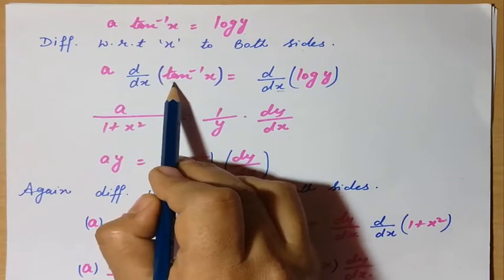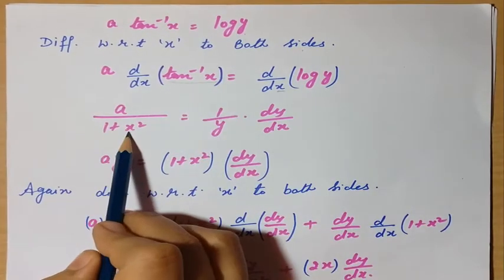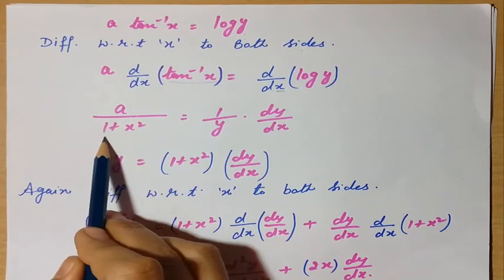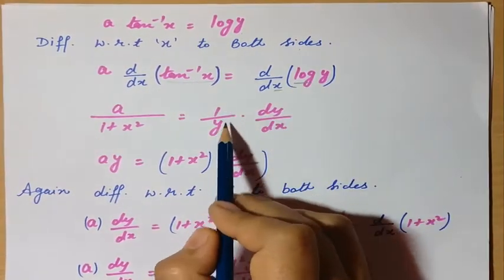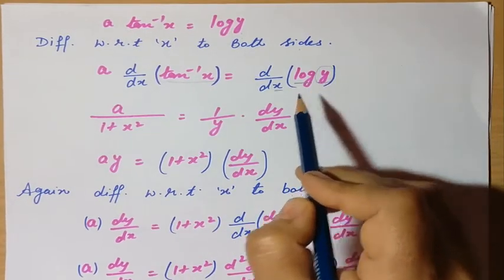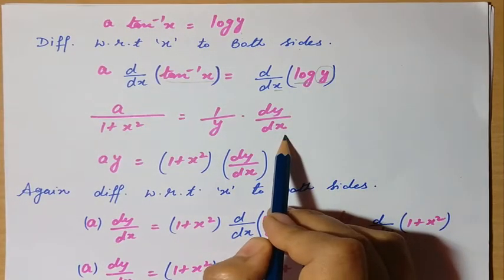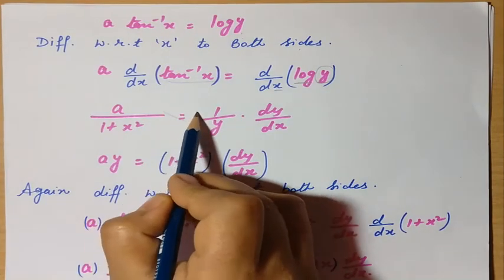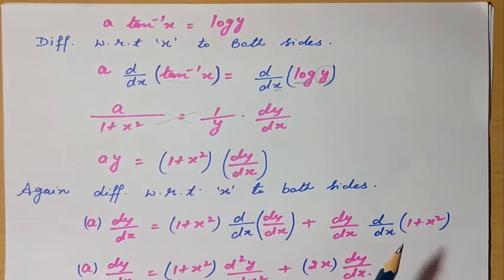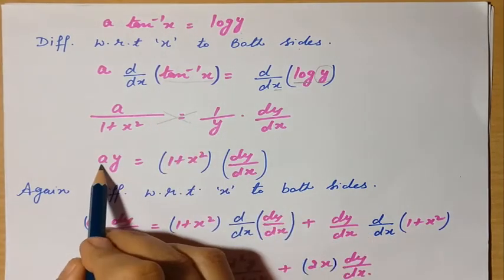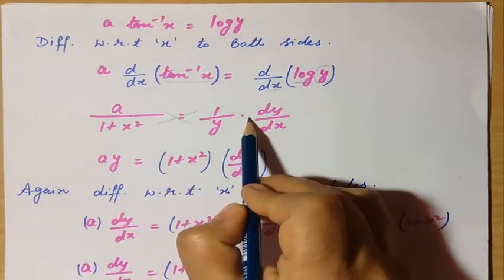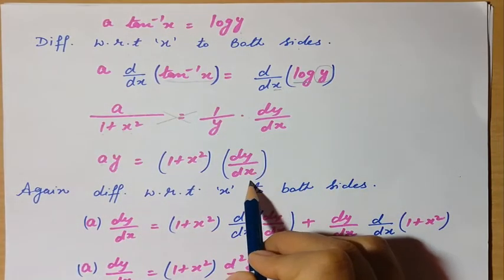The differentiation of tan inverse x is 1/(1 + x²), so we can write it as a/(1 + x²). The differentiation of log y is 1/y, and y differentiation is dy/dx. Now we apply cross multiplication so there is no need to apply u upon v, because applying u into v is very easy for the calculation. So we do the cross multiplication: ay is there, 1 + x² we move to the other side, and dy/dx is there.